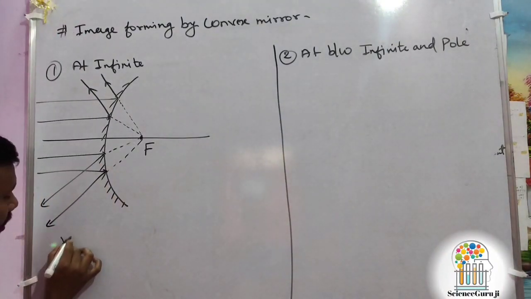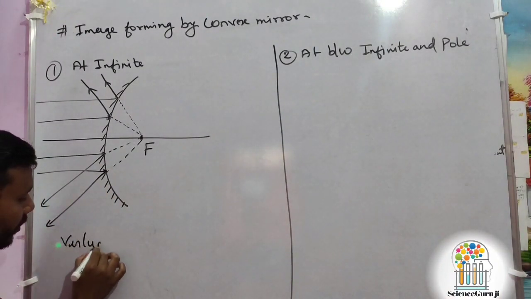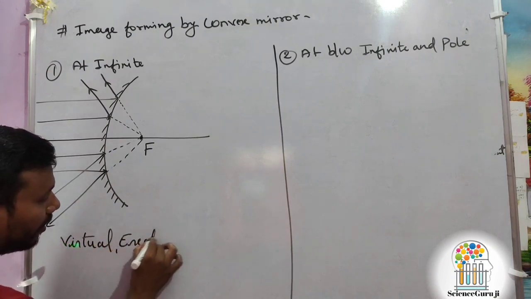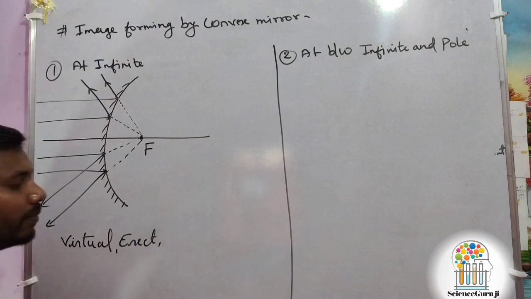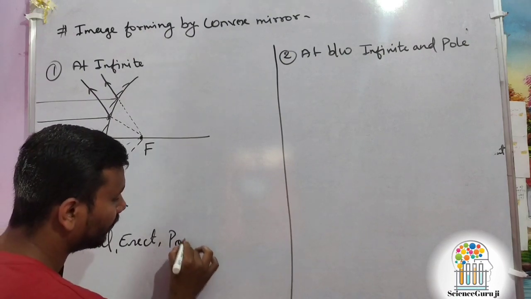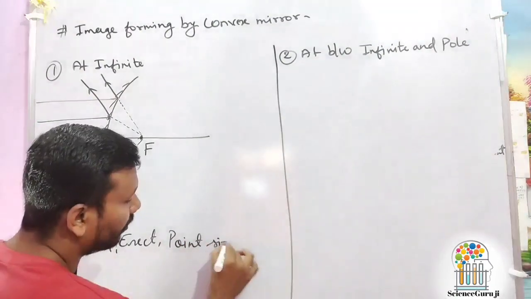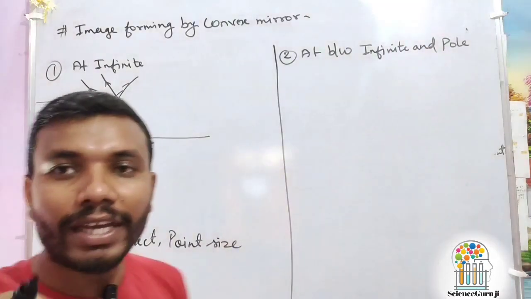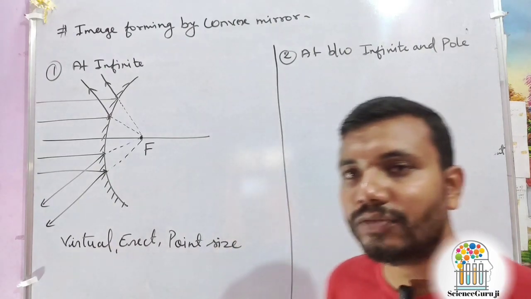The image is erect, and the size of the image is point size. Okay, point size means a very minute or very small image gets formed here.